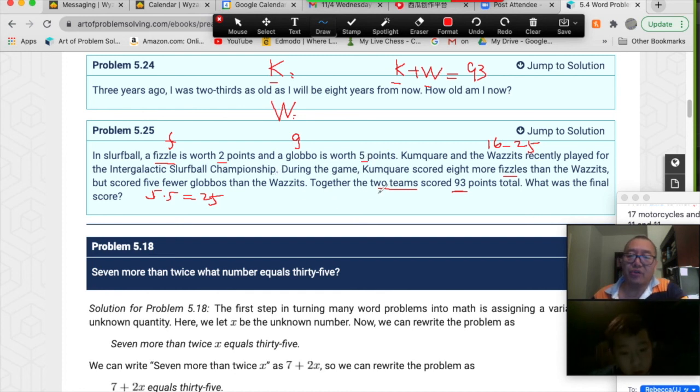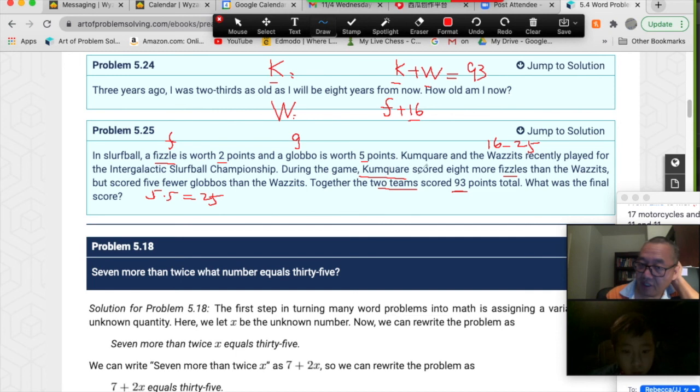They tell you K scored 8 more fizzles than W. 8 more means K equals the number of F, then plus 16.